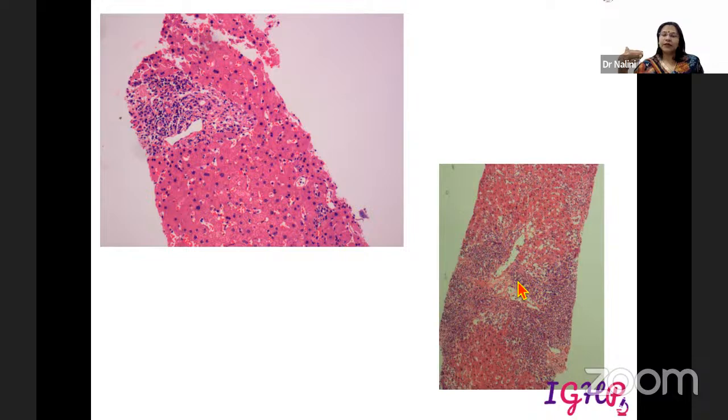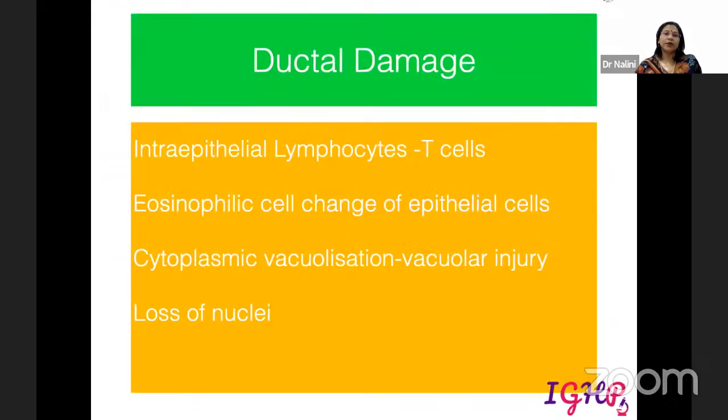Here, the inflammatory cells are also spilling into the adjacent parenchyma. So the first and foremost thing in the triad that we have to look for in ACR is the presence of portal inflammation and whether this inflammation is of mild, moderate, or severe in nature. So that is what we are going to assess in the biopsy tissue.